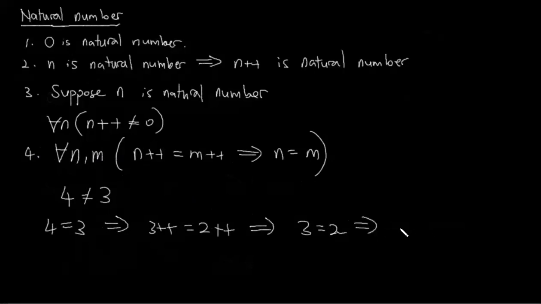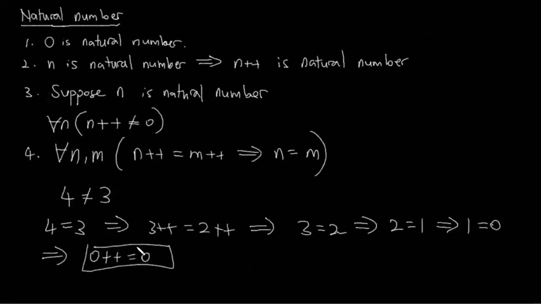We will eventually arrive at 2 equals 1 and 1 equals 0. So we know that 1 equals 0 implies that 0++ equals 0. This statement contradicts the third axiom, which states that any successor of a natural number is not 0. You see? It contradicts the third statement. Therefore, 4 must not be equal to 3.